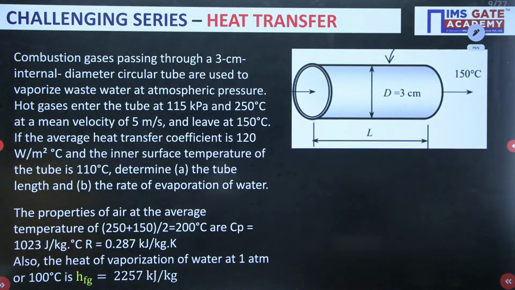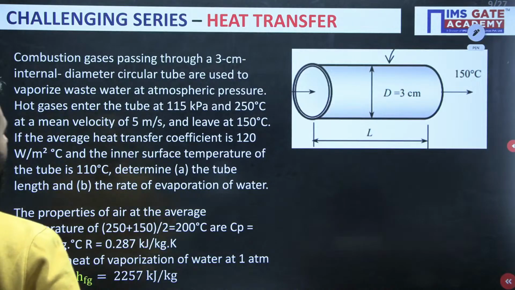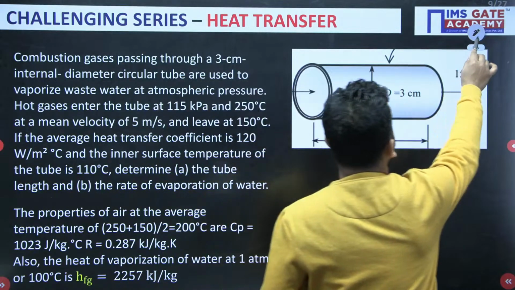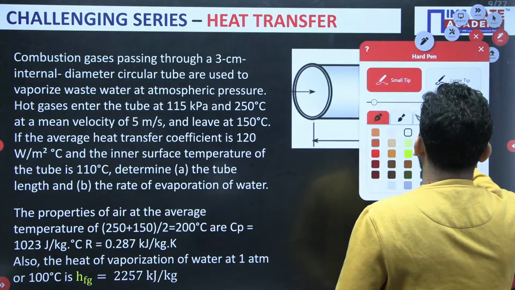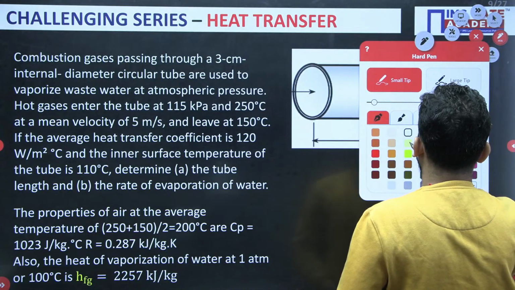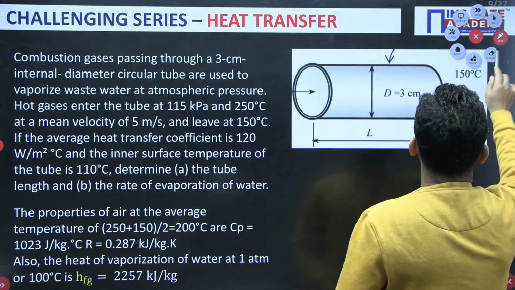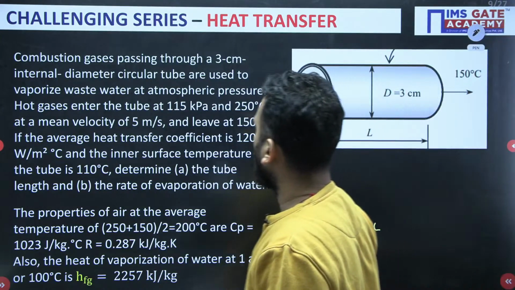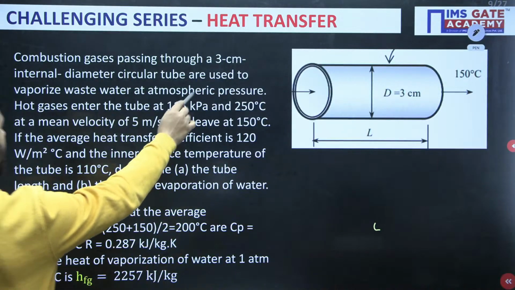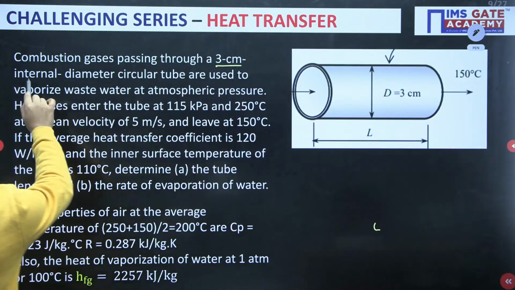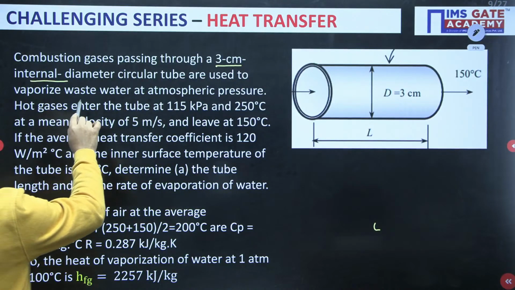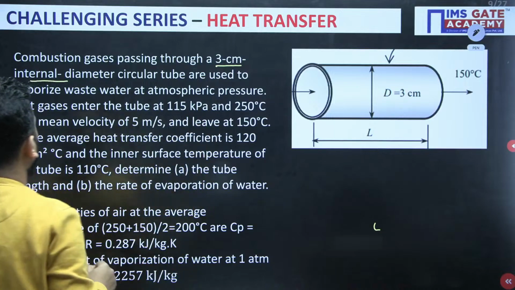The question says that combustion gases passing through a 3 centimeter internal diameter circular tube are used to vaporize wastewater at atmospheric pressure.